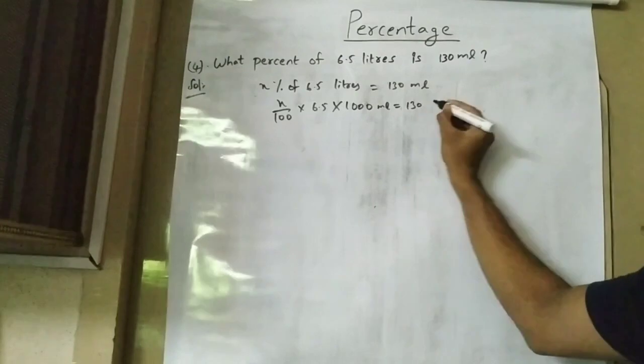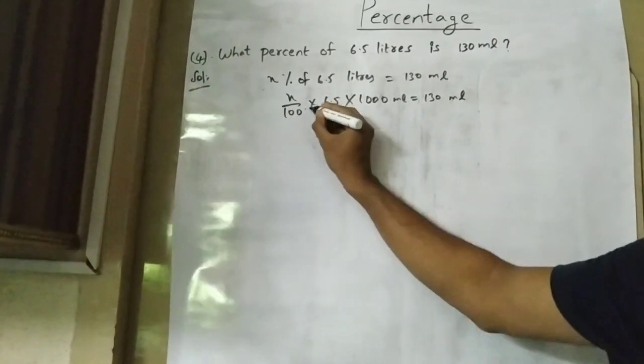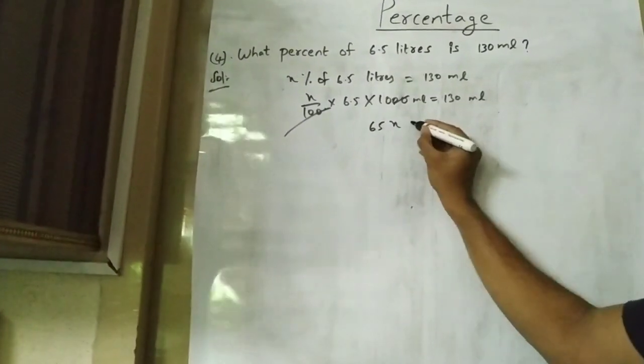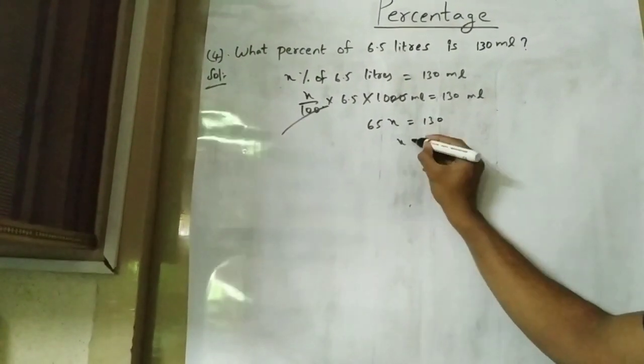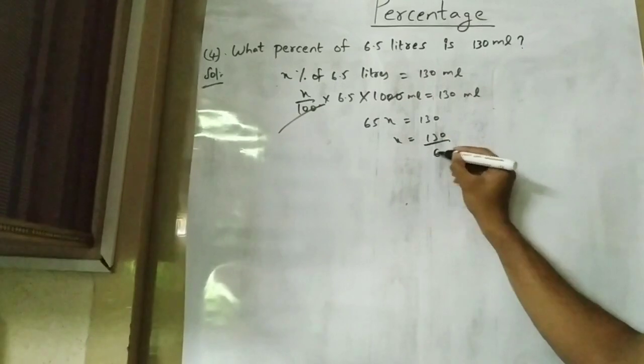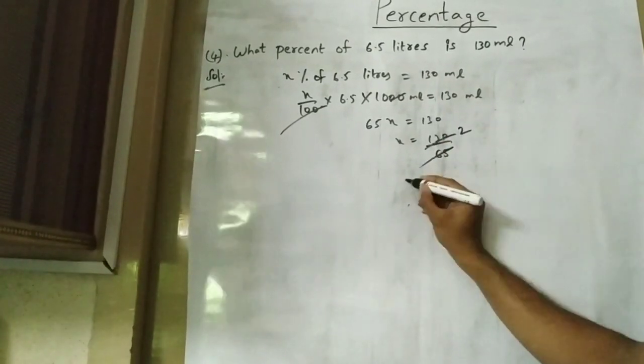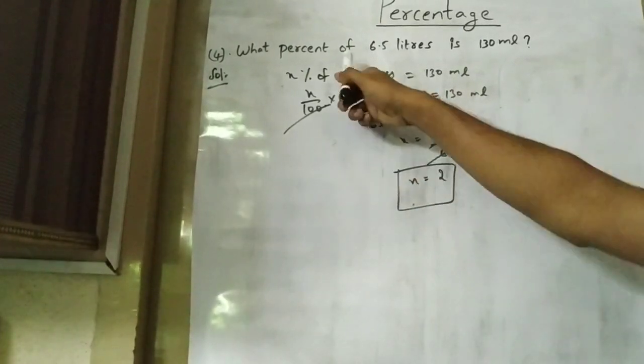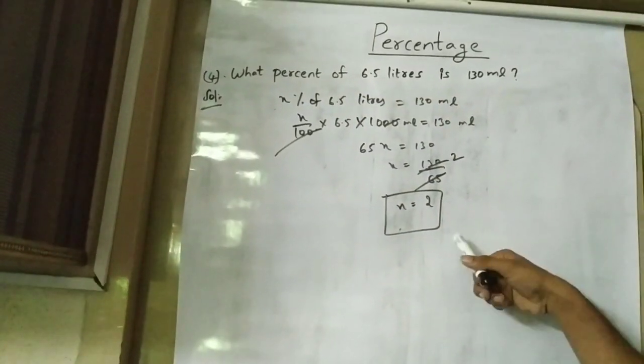That is equal to 130 ml. 10 times 65 x is equal to 130. X is equal to 130 by 65, that is 2. X is equal to 2. So 2% of 6.5 liters is 130 ml.